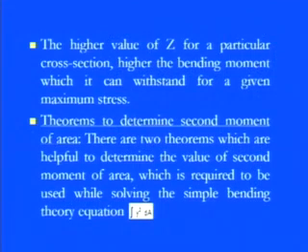Now we would like to put forward a theorem to determine the second moment of area, because in the previous formula you will find that I is a very important parameter. Our main intention is how to find it, because practically, going for individual sections and then summing up is not an easy thing.